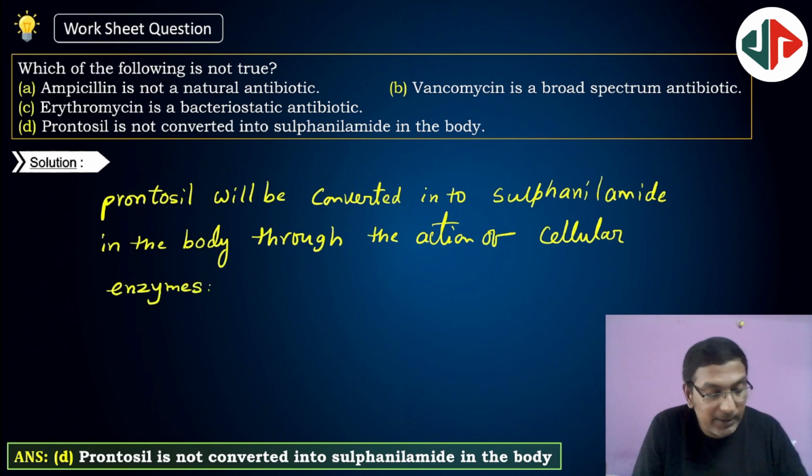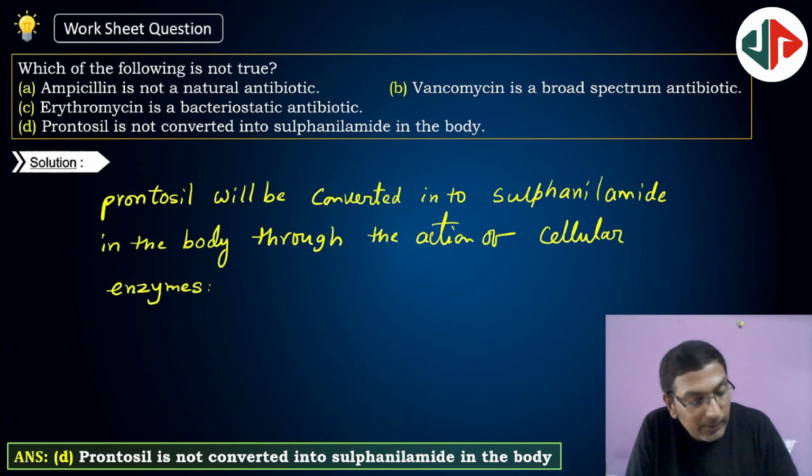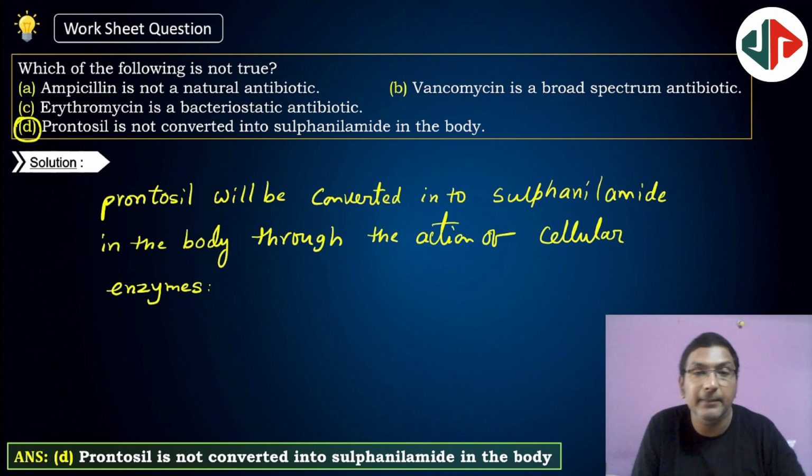Therefore, in option D, prontosil is not converted is given. Therefore, that is wrong. Option D. Next.